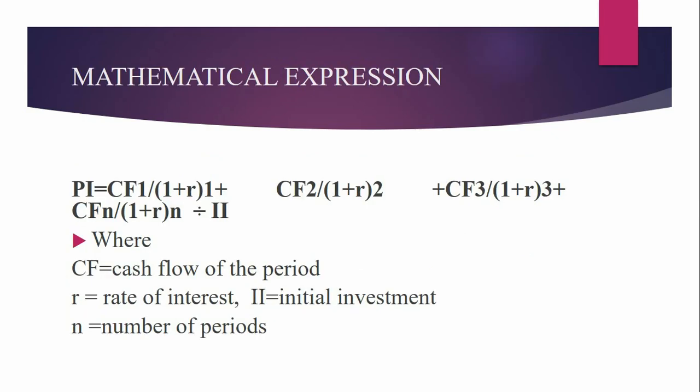Its mathematical expression is the cash flow of the first year divided by (1 plus r) power 1. Here CF is the cash flow of the period and r is the rate of interest. Similarly, the cash flow of the first year is discounted at the cost of capital, and then we add the cash flow of the second year discounted at the cost of capital.